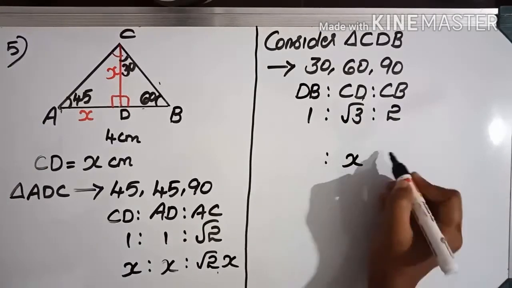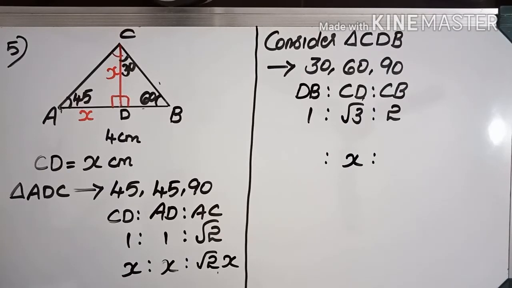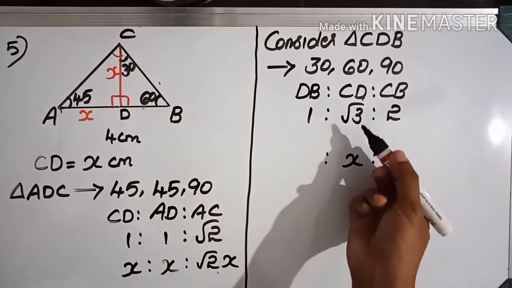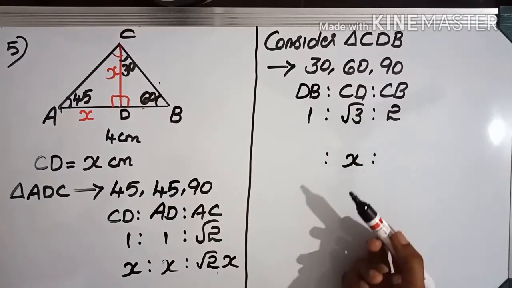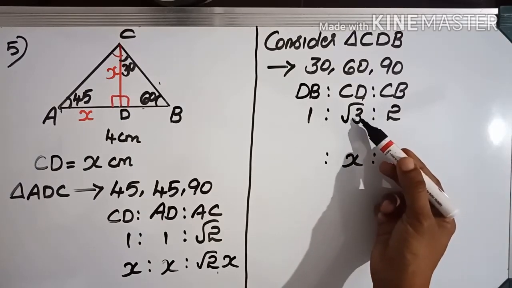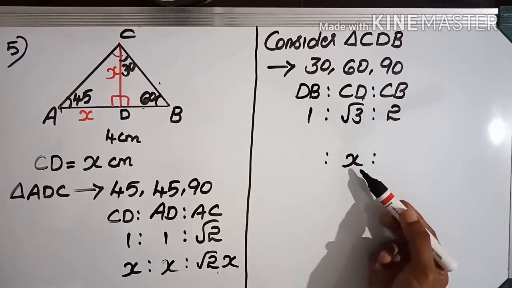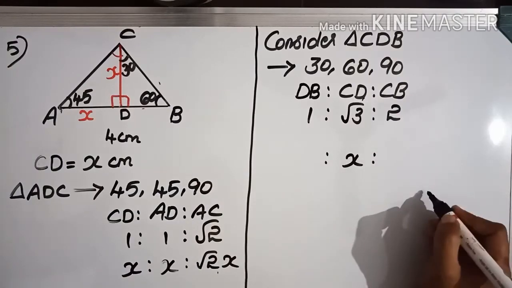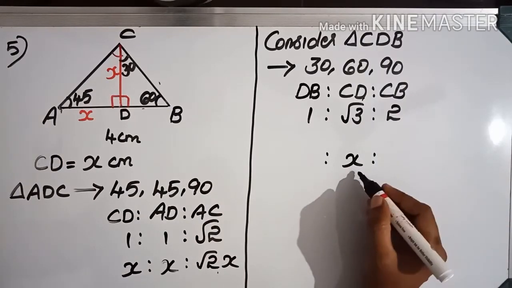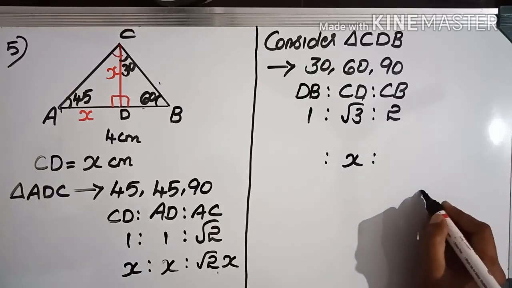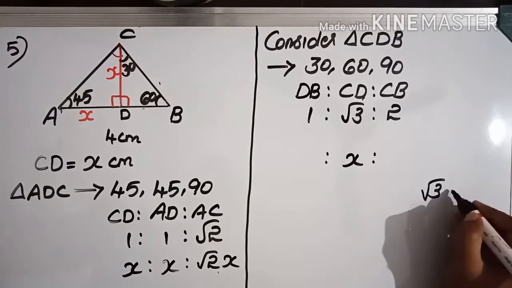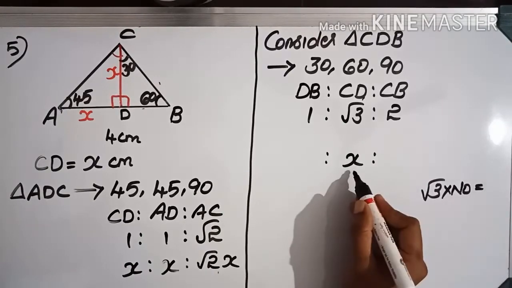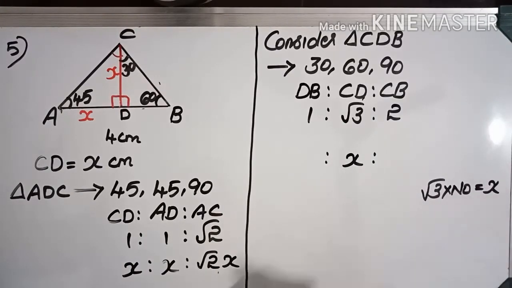So we have to find the multiplication factor. Here we can't directly write which is the multiplication factor. So let's write root 3 into which number is x. For the previous case we considered that as x, but here also x, so it would be a confusion. So let's call that number a number: root 3 into number equals x.